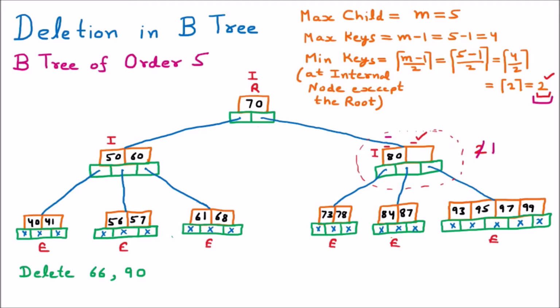Now, from where will the keys come? We know that whenever we perform a rotation in an AVL tree, we keep in mind that the tree should be minimally affected. Similarly, in a B tree, we should take out the key which will take the position here, and the tree should not be disturbed.